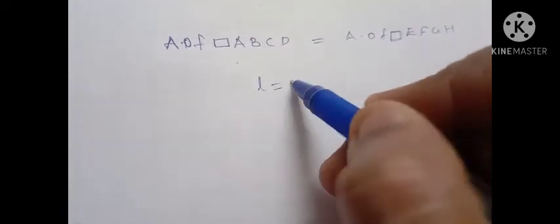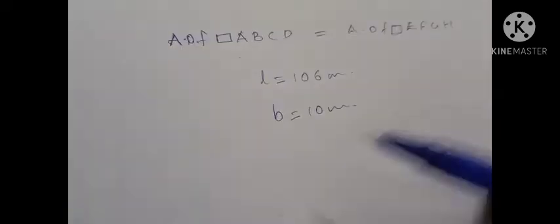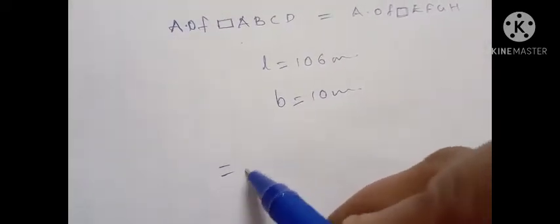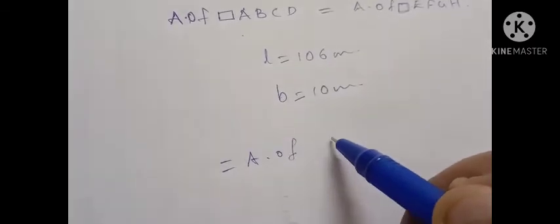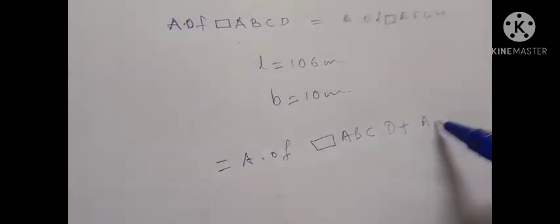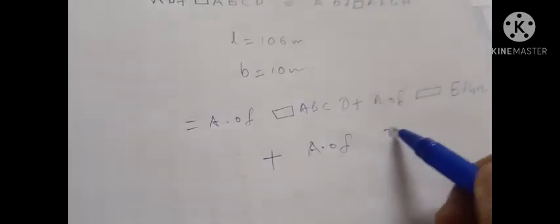Length is 106 meter and breadth is 10 meter. Then the area of the track is area of rectangle ABCD plus area of rectangle EFGH plus area of ring.